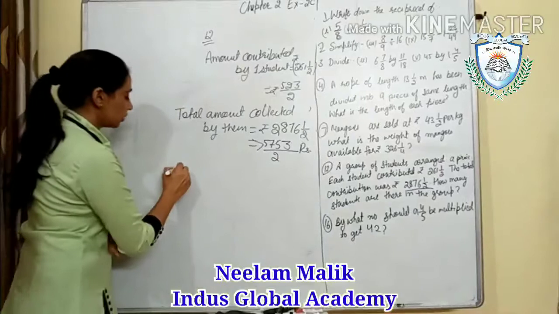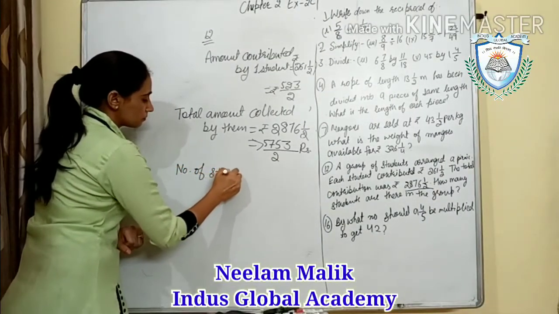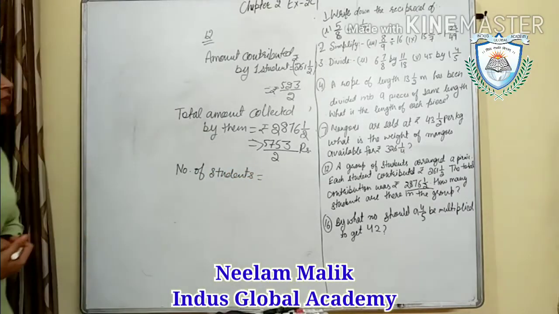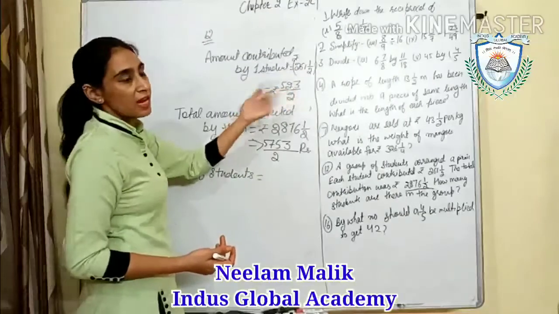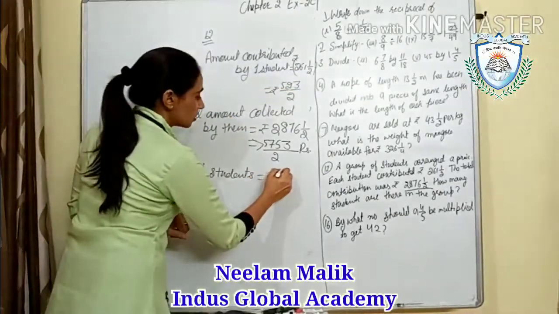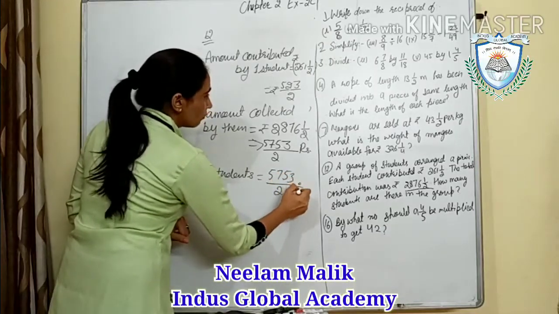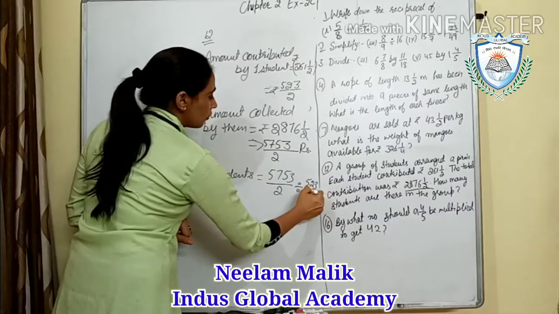So we will find out here the number of students. So we will divide this by that. So 5753 divided by 526 upon 2.